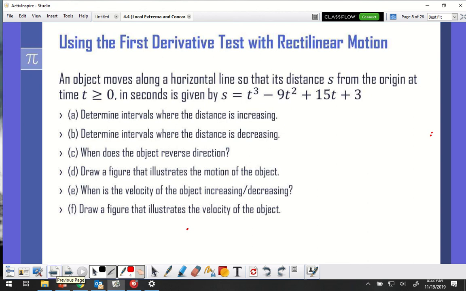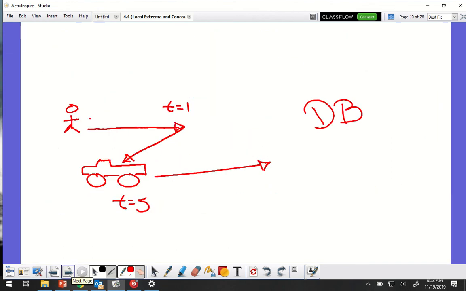Draw a figure that illustrates the velocity of the object. So now for the velocity of the object, increasing and decreasing. At 3 is right about here, right? So if that's where it's changing, and it's decreasing, that means over the interval from here to here, I slow down, right?